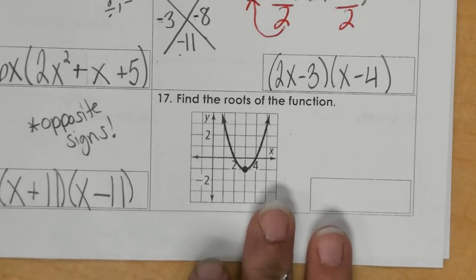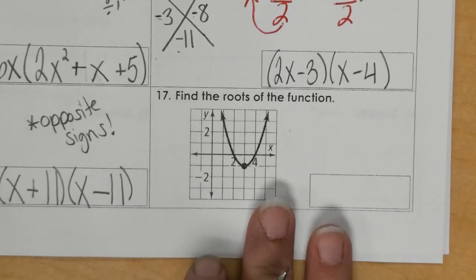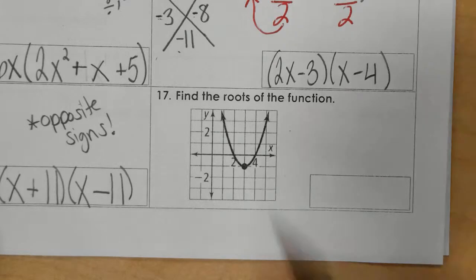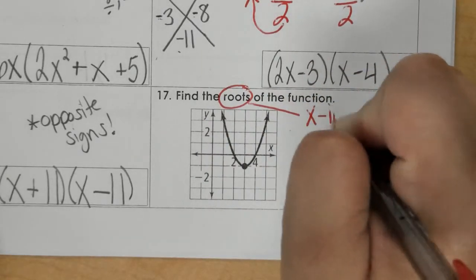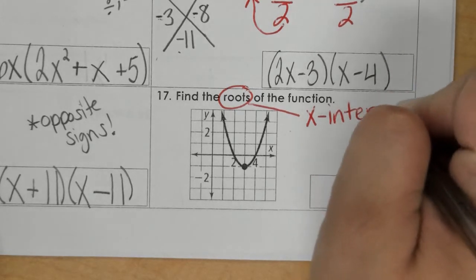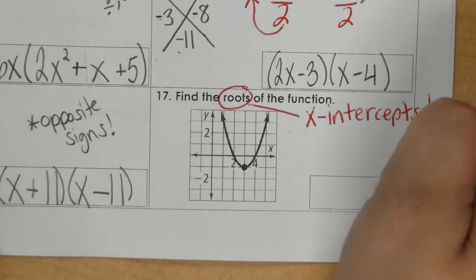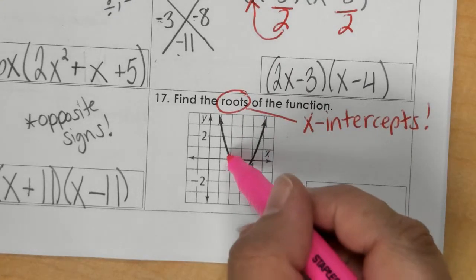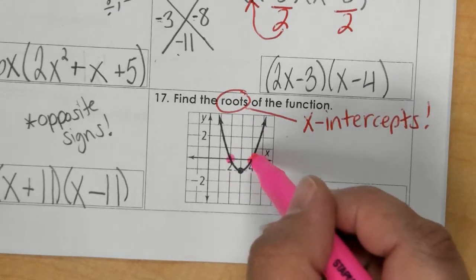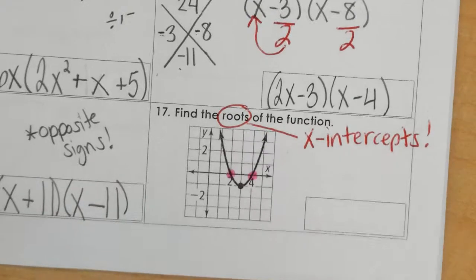In number 17, it asks you to find the roots of the function. This word means the x-intercepts. So if I look at my x-axis, I see that it crosses at 2 and at 4.